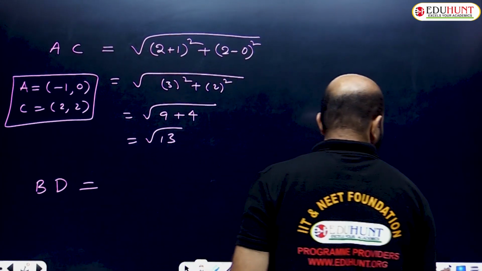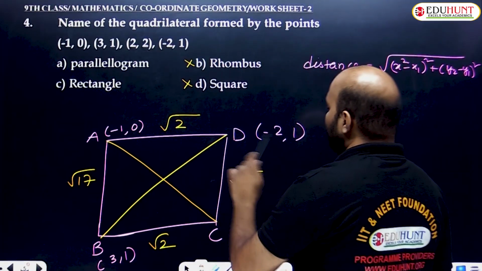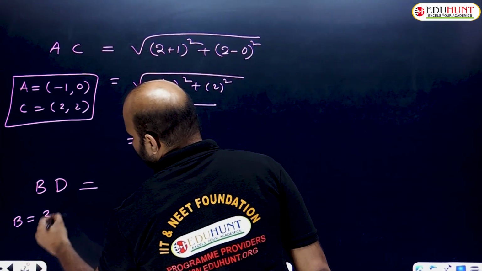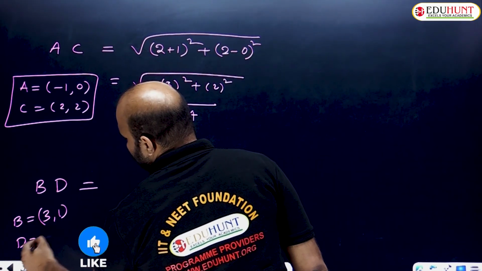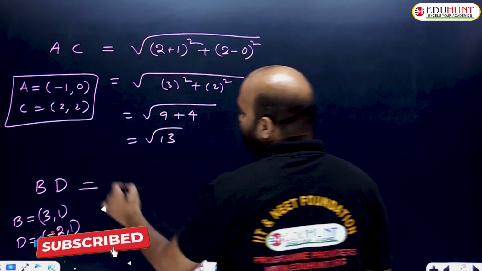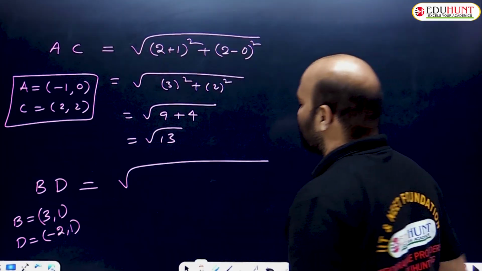Again we have to find BD, which is also one of the diagonals. What are the B coordinates here? B is (3, 1) and D is (-2, 1). By using the distance formula, square root of (x2 minus x1) whole square plus (y2 minus y1) whole square.